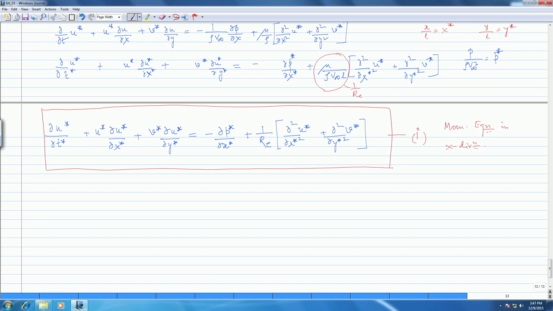If you see the nature of this equation, we should be able to just look at this equation and write out the momentum equation in the y direction as well, right. So, all we need to do is change this u. If I were to do that, how would I do that?